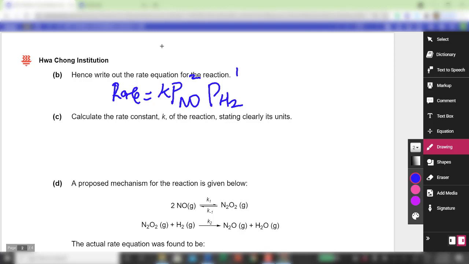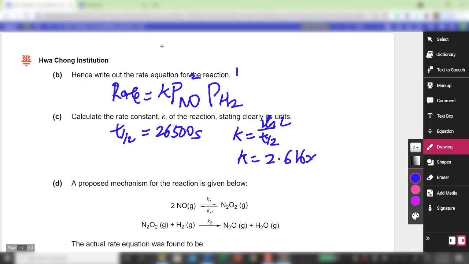The easiest way is, since you have already determined the T half to be 26,500 seconds, T half is ln 2 over k, so k is equal to ln 2 over T half. Substituting T half as 26,500, I'm going to get 2.616 times 10 to the power of minus 5 per second.